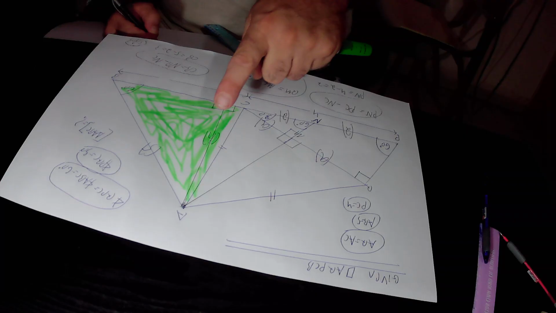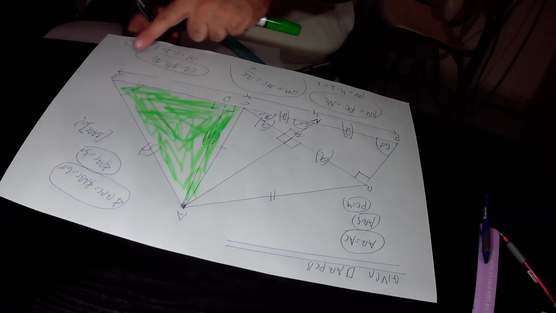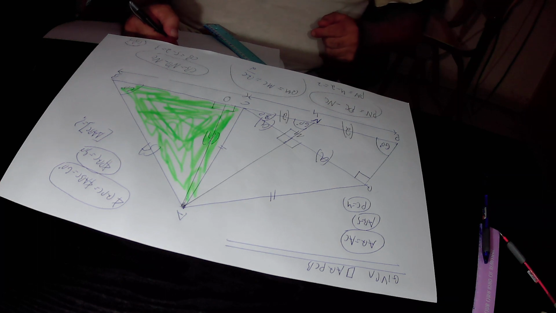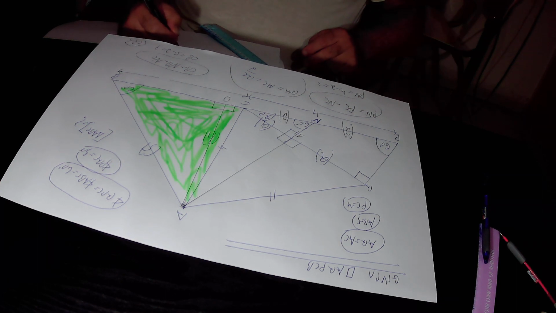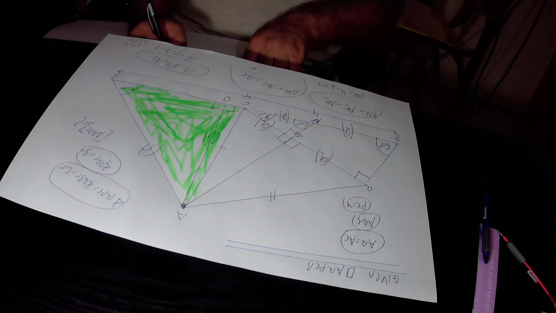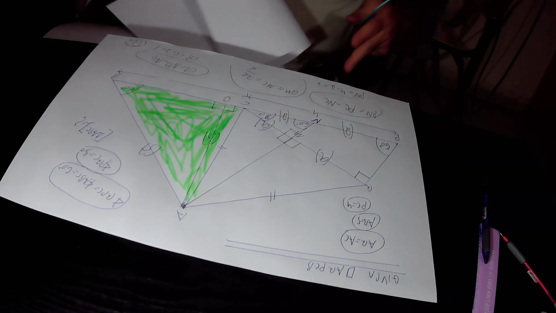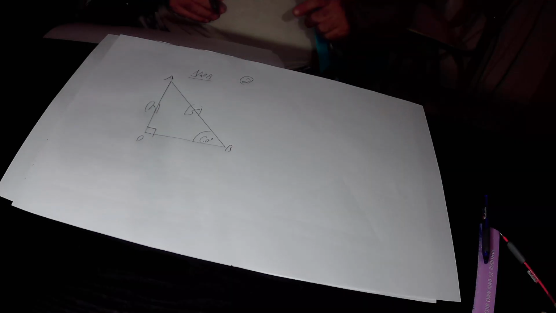According to what is given, AB equals 5 units in its length. And this is angle ABC, that equals 60 degrees in its size.